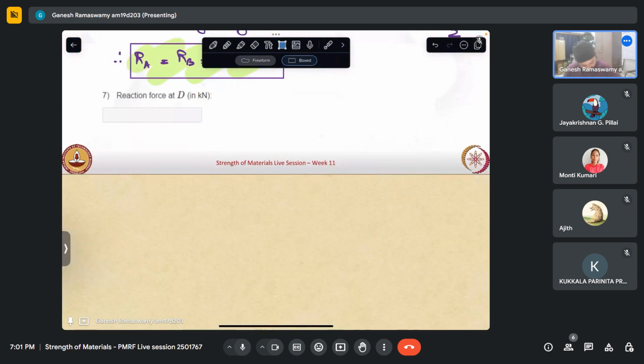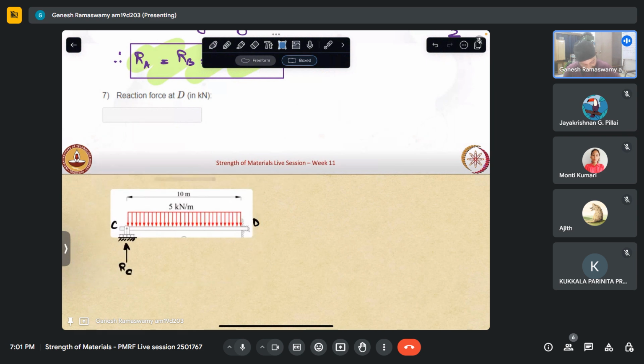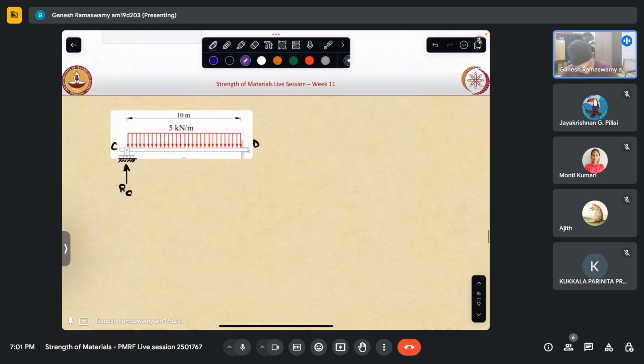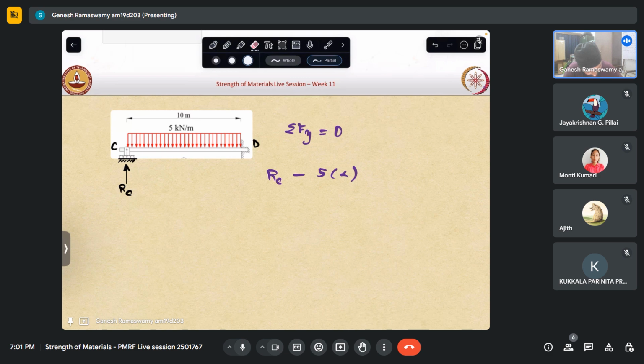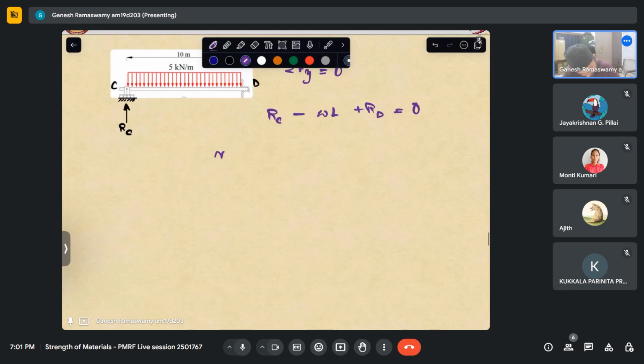If I take sigma Fy equal to 0, I get RC minus 5 into L, or minus WL I should say, minus WL plus RD equal to 0. RD is nothing but WL minus RC, which is 5 into 10 minus RC, which was 17.65 kilonewton.